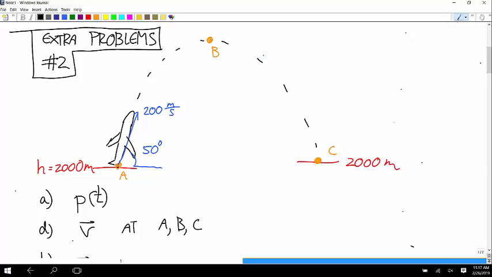Let's think about the relationship between the way we treat this in labs and the way of treating it mathematically. I mean, mathematically, we know that since it's in free fall, the acceleration of all three of these points is straight down. Okay.